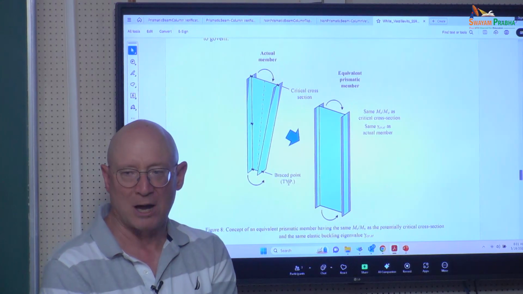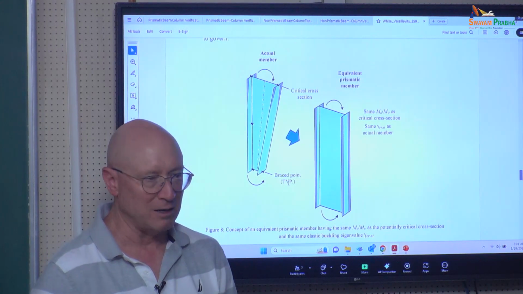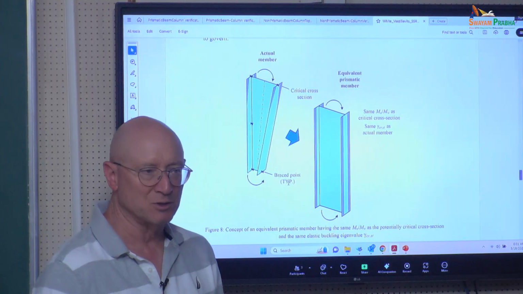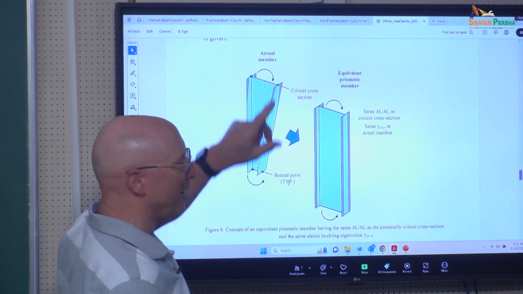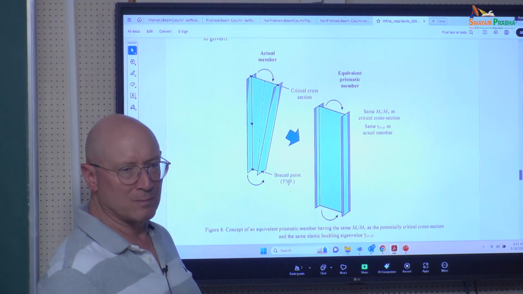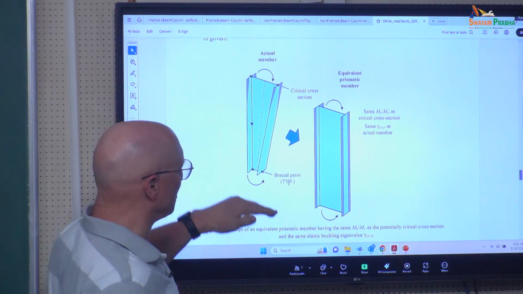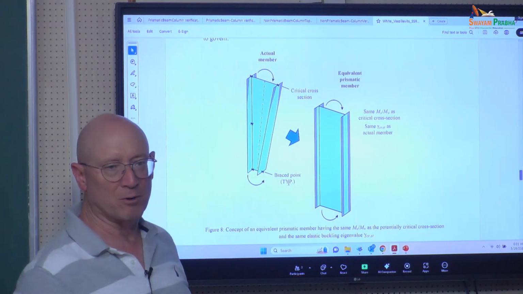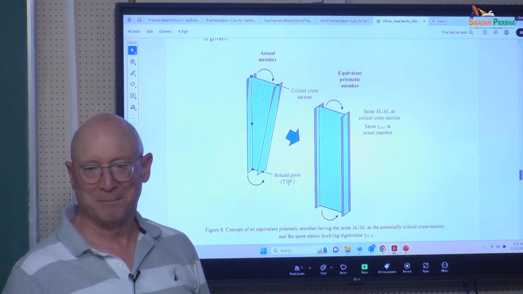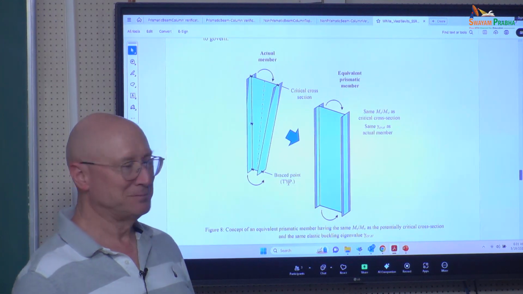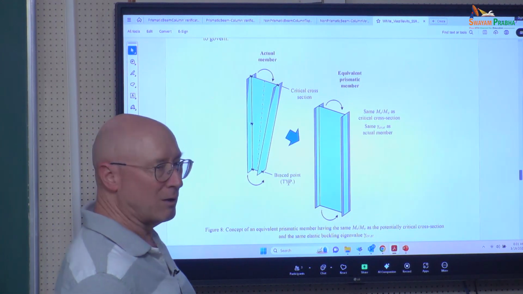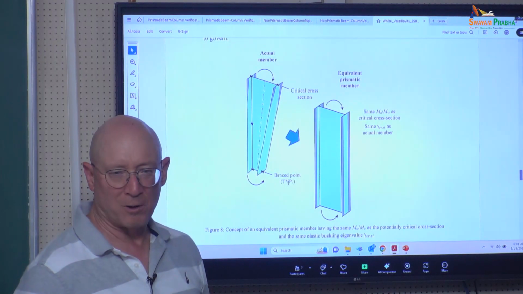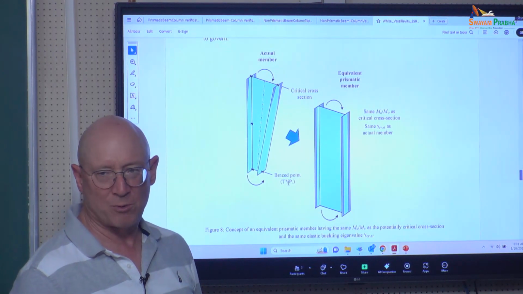That's how we apply the specifications, equations, to get a calculation for that cross-section. Then in general, we go to other cross-sections that might be critical, and we check those the same way. Does that make sense? It's a very simple concept, but it works quite well.